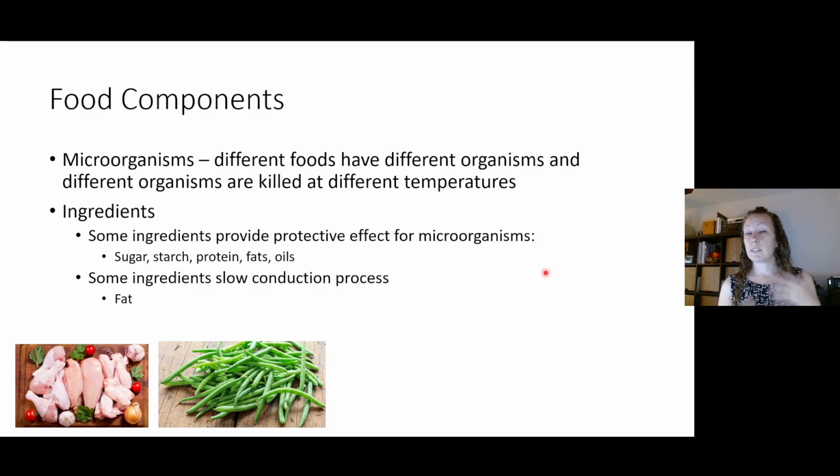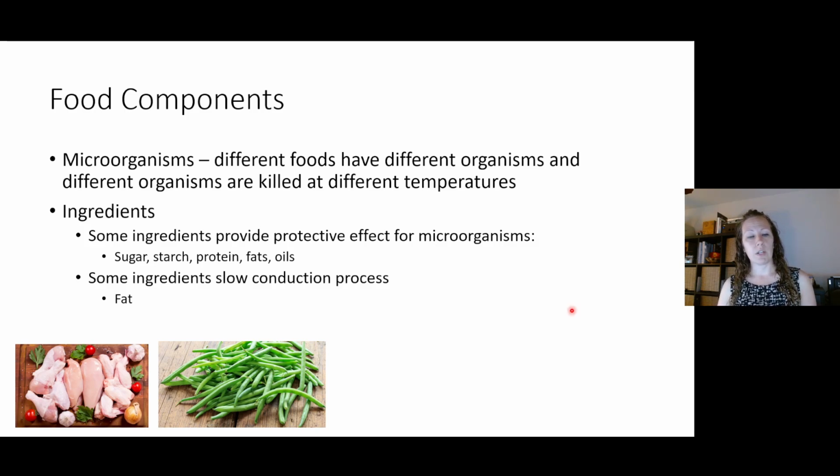And it's something that can be overcome, but you just have to possibly increase the temperature at which you are preserving those foods, or increase the time a little bit to take into account that protective effect. And so research is done on every single kind of food to make sure that that time temperature combination is precise for what that food is to kill the pathogens of concern.